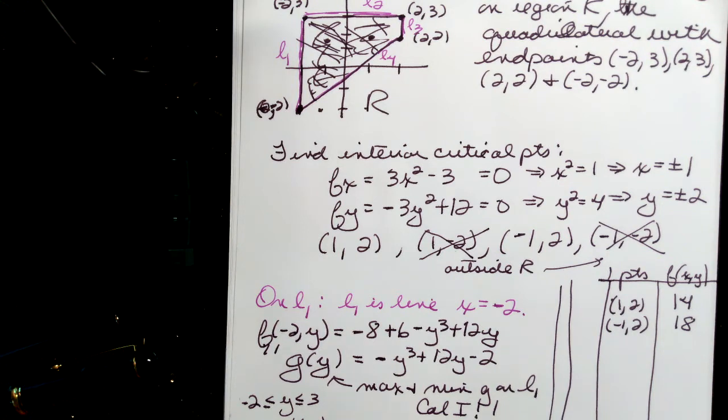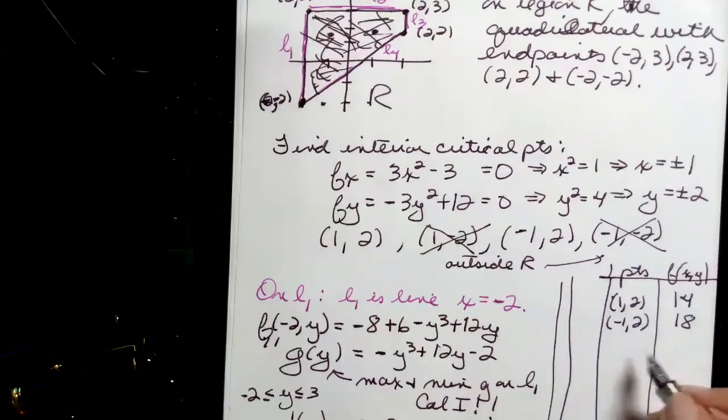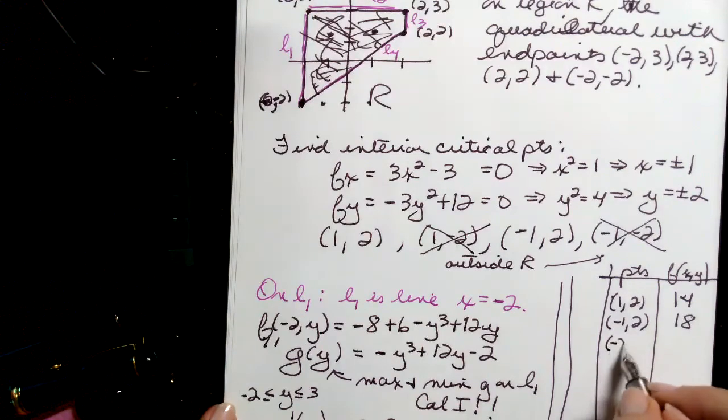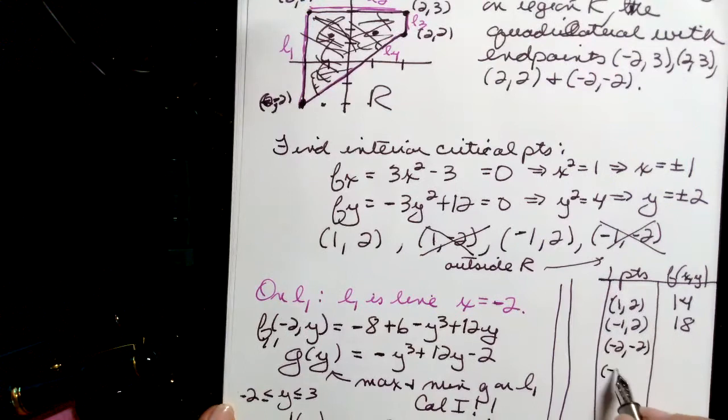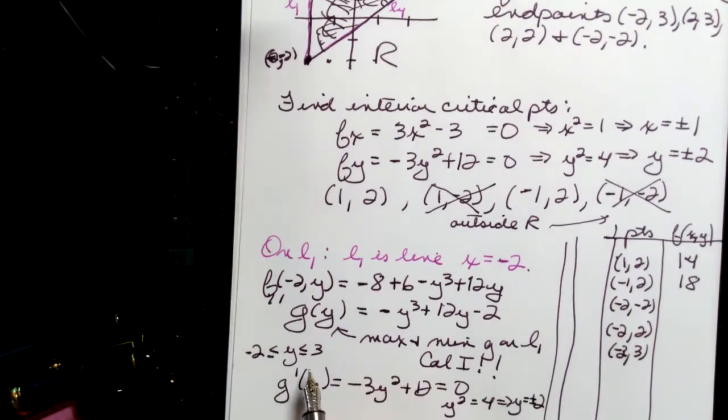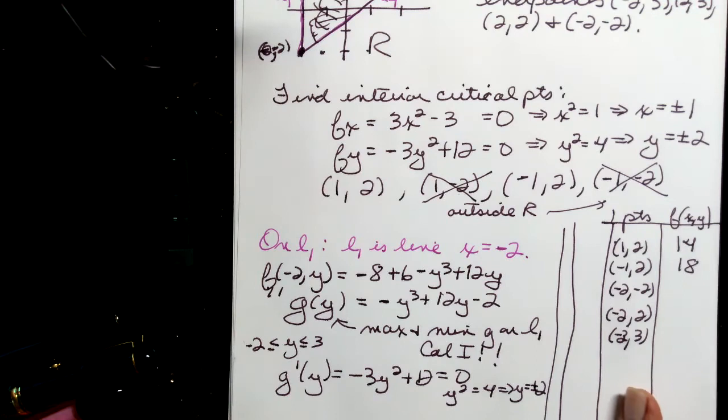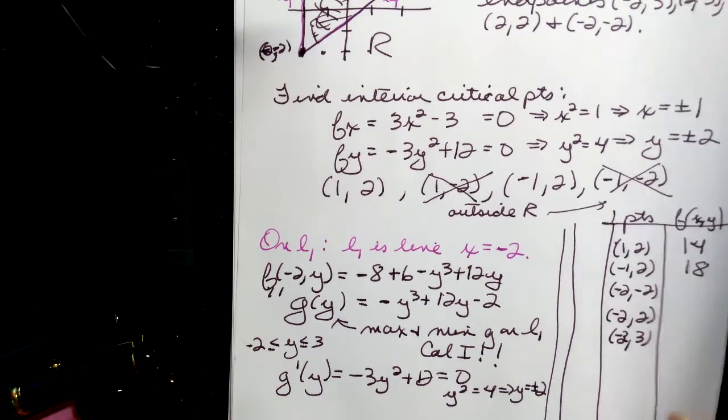So the possible points we have to add to our list are (2, -2), (2, 2), and (2, 3), because that's an endpoint of this interval. By calculus 1, the maximum can occur at the endpoints. So that's it on L1.